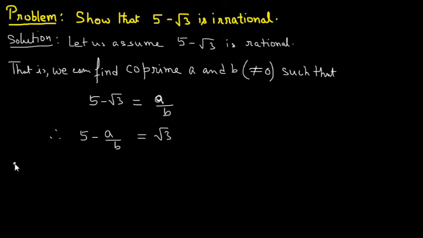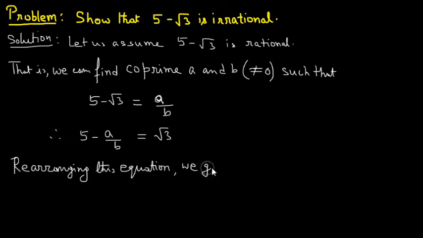Rearranging this equation, we get root 3 is equal to 5 minus a upon b, which is equal to 5b minus a upon b.